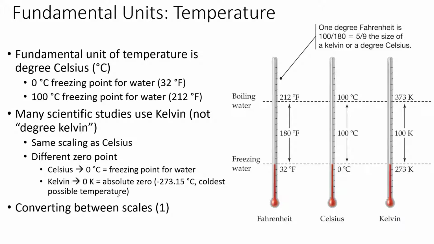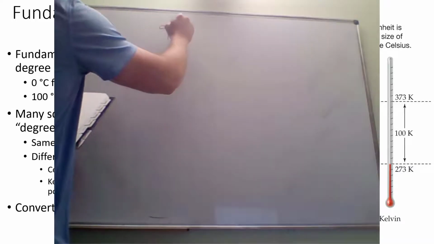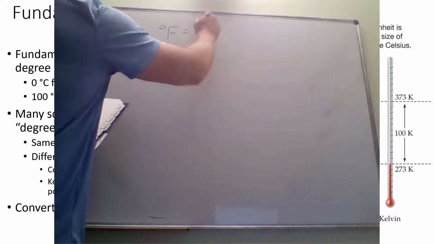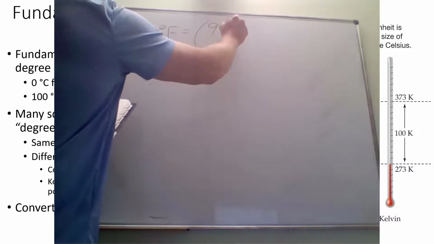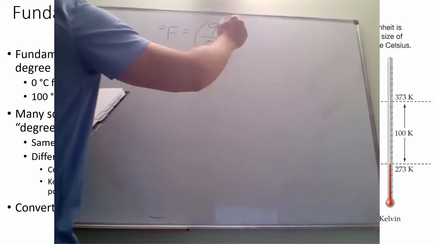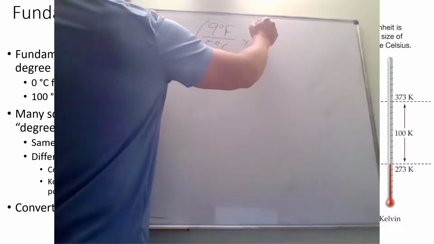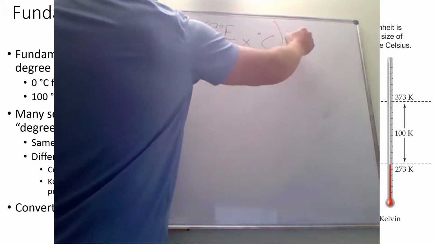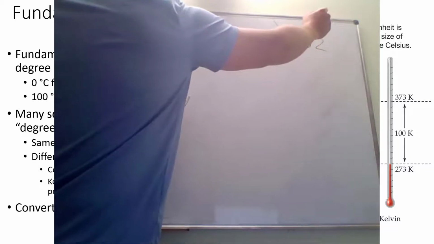So if we're going to convert between our different scales, we'll have to introduce some conversion factors here. A conversion factor between Celsius and Fahrenheit is degrees Fahrenheit is equal to 9 degrees Fahrenheit over 5 degrees Celsius times the temperature in degrees Celsius plus 32 degrees Fahrenheit.